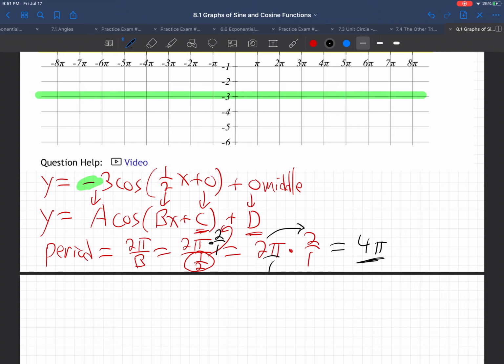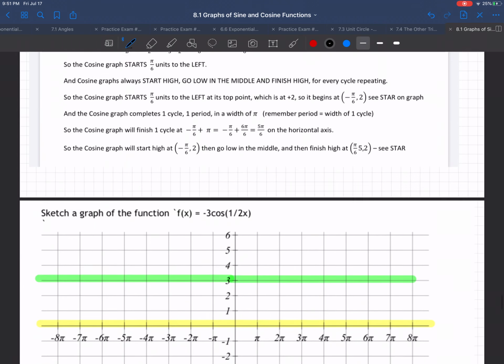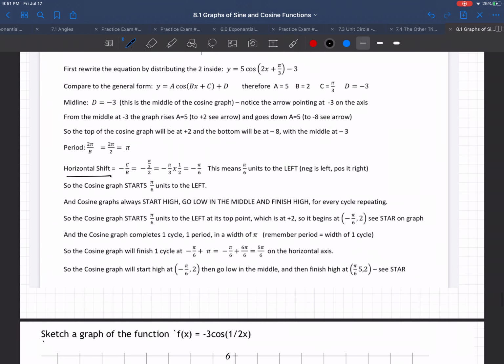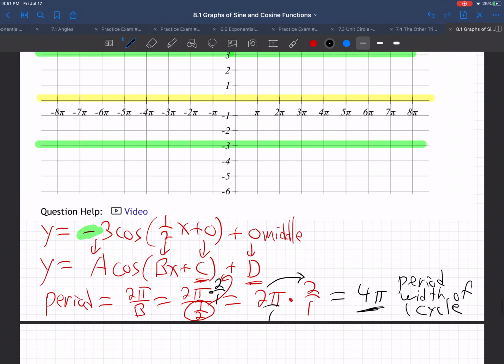So that's the period, which means that is the width of one cycle. That's what period is, the width of one cycle. So what do we do next? Find the horizontal shift. It's -c over b is the formula.